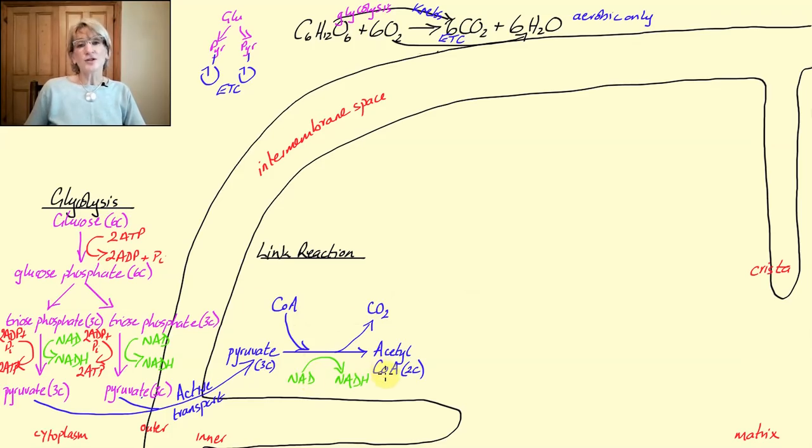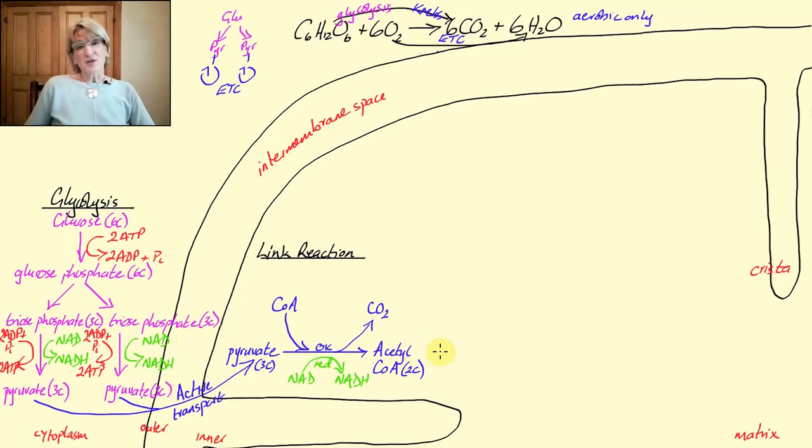So you could describe this whole reaction as: pyruvate reacts with coenzyme A to form acetyl-CoA and carbon dioxide, and it is an oxidation reaction and it causes the reduction of NAD to NADH. It is a redox reaction.